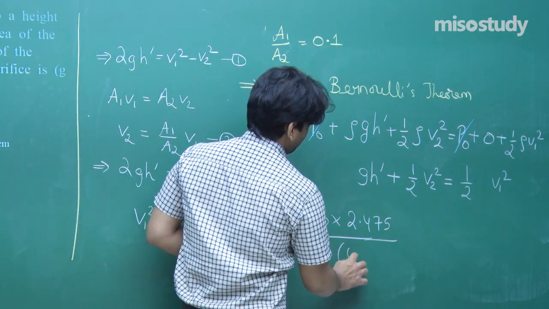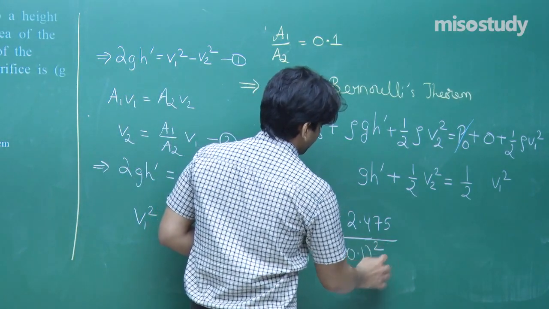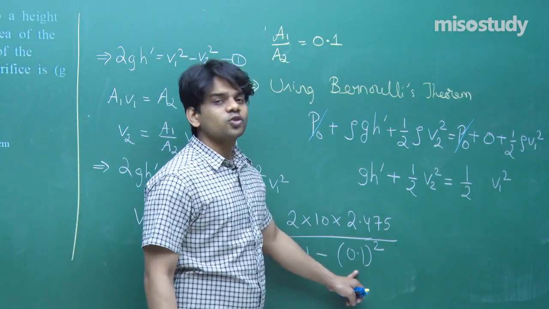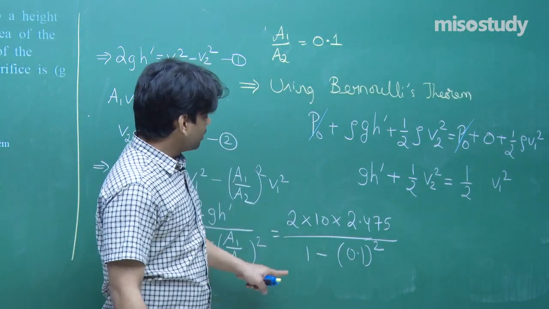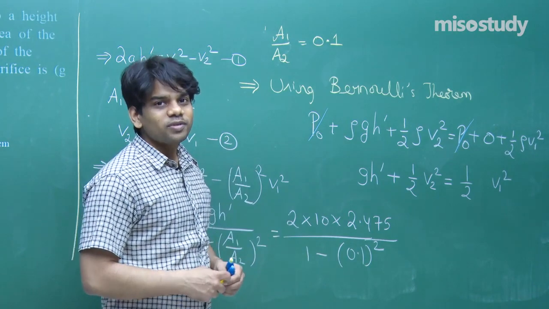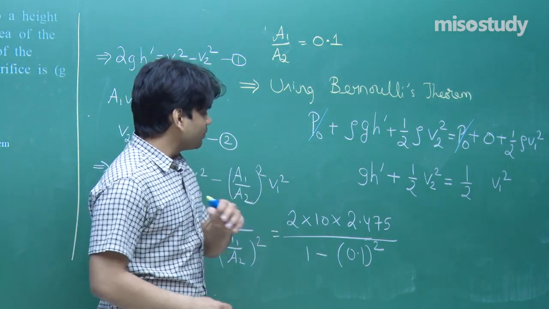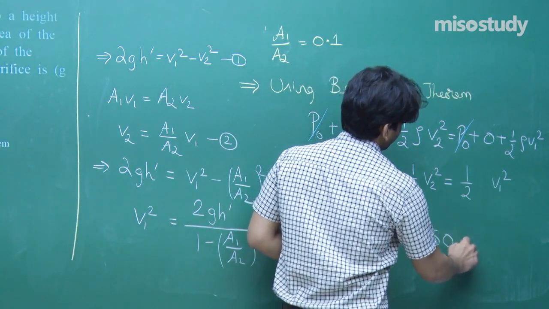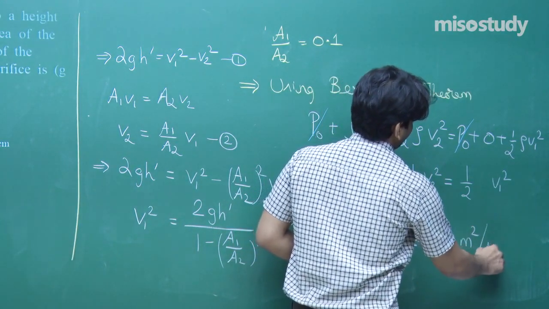This is the term that you are going to get. 0.1 whole square will give you 0.01, then 1 minus 0.01 will give you 0.99, and if you proceed with the calculation, you will get this as 50 meter square per second square.